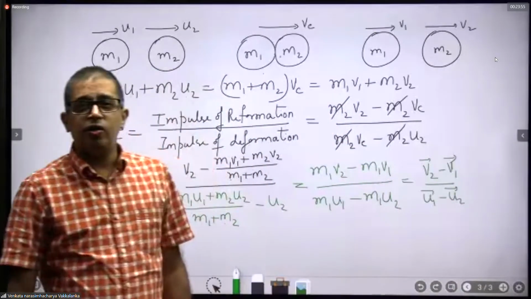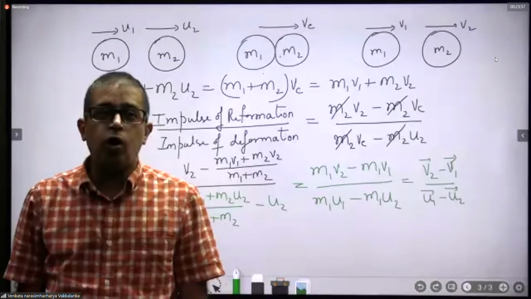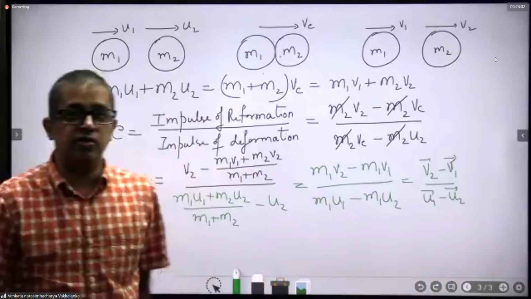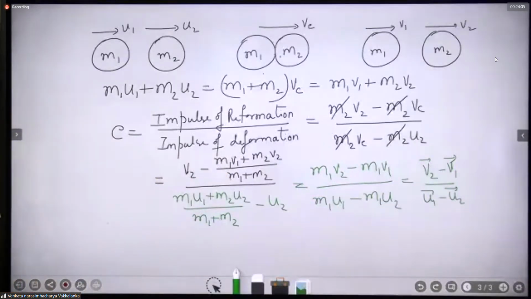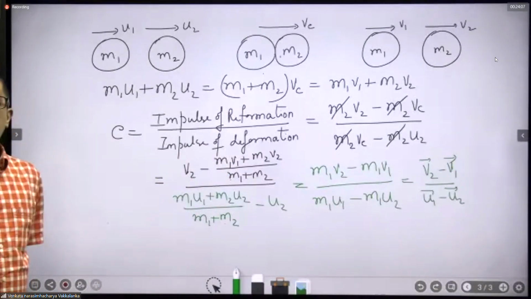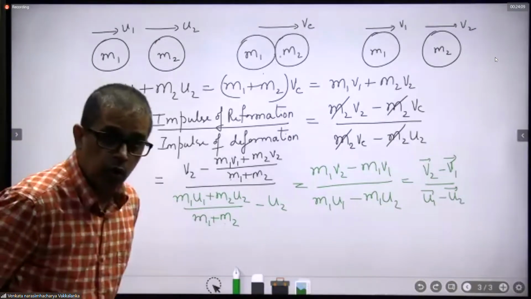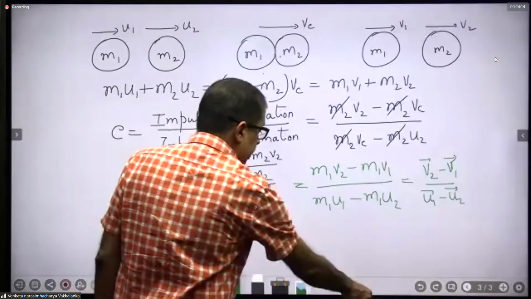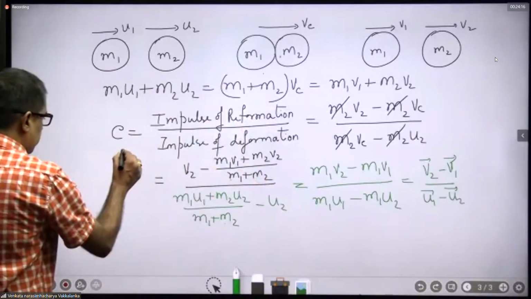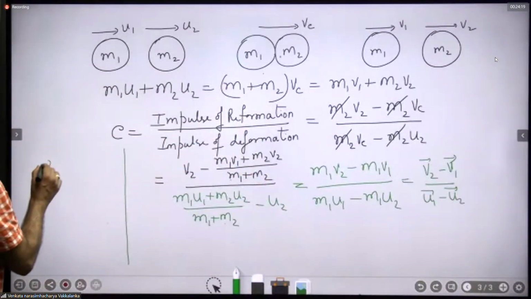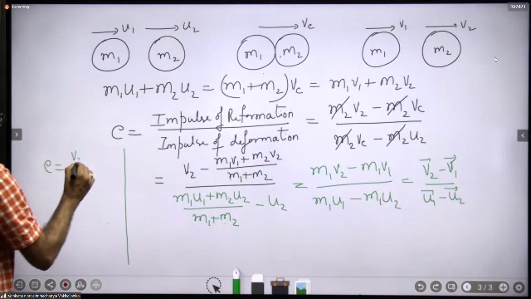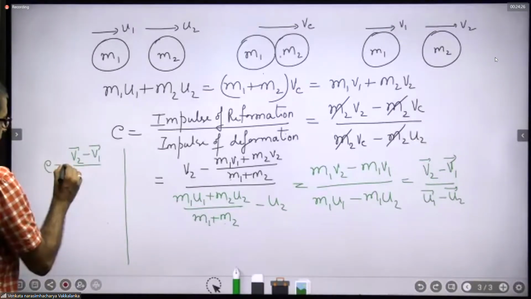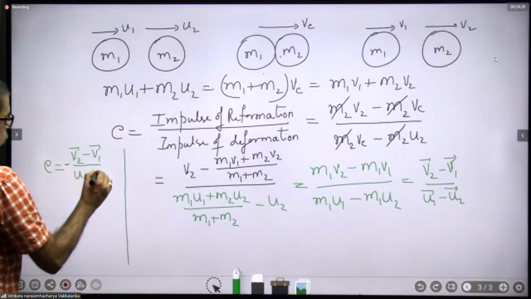Velocity of separation upon velocity of approach is called the coefficient of restitution. Quite a few textbooks write this as e, or with a negative sign in front, V2 minus V1 over U2 minus U1.